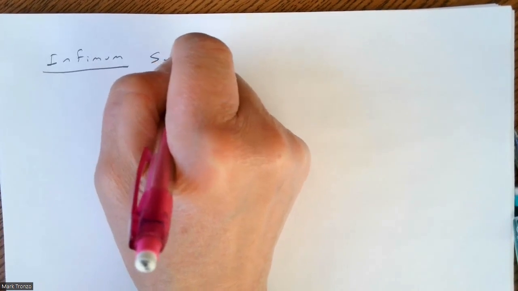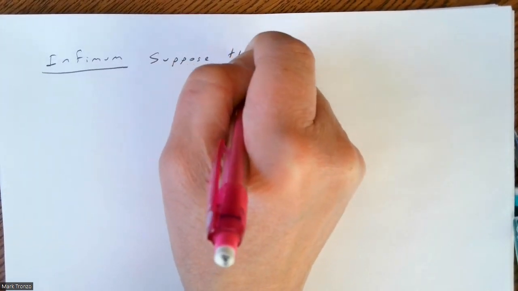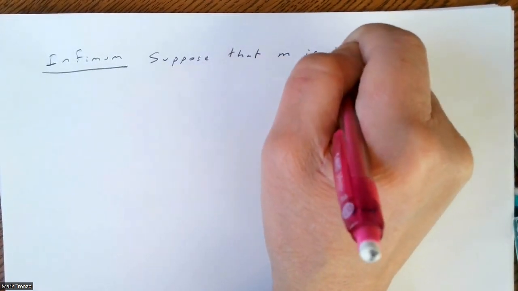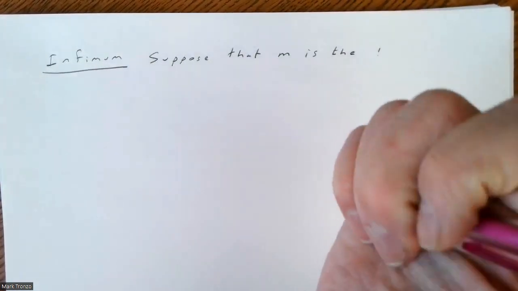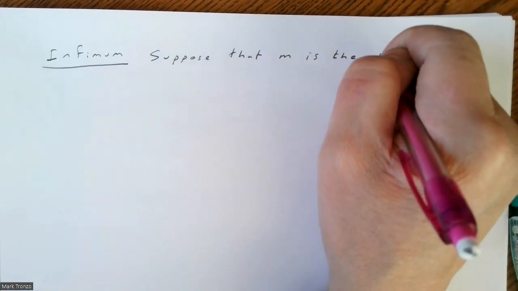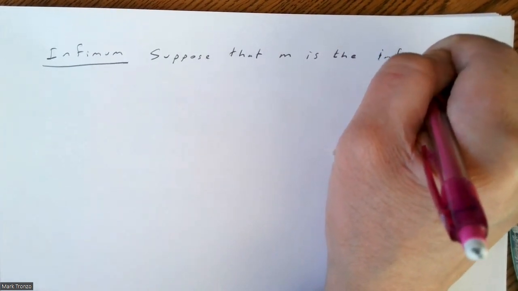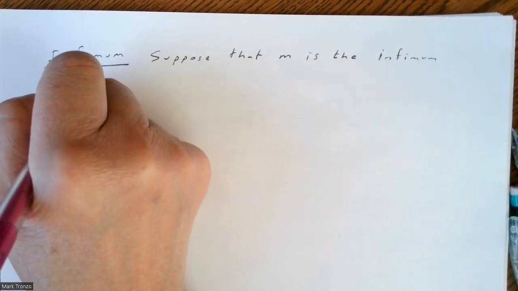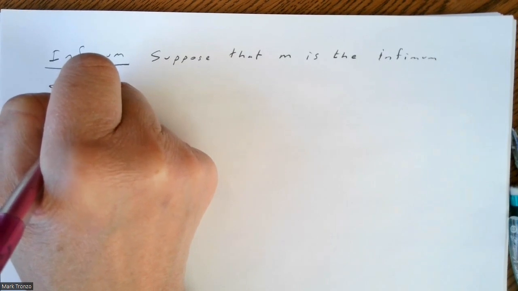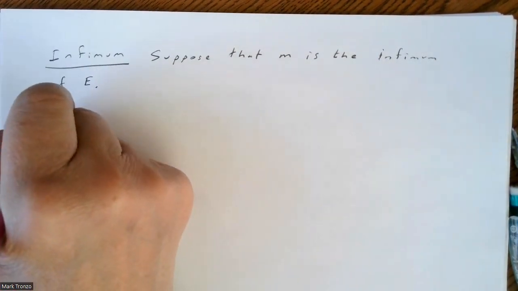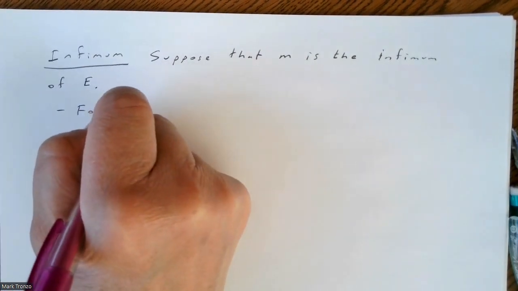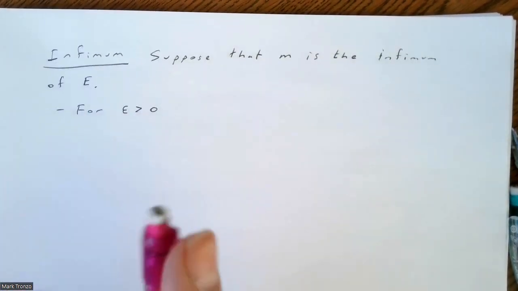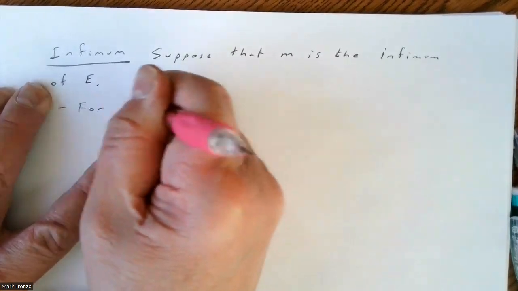Suppose that M is the infimum of the set E. Then one thing you can say, like I say, often epsilon could be a small number, and let me emphasize any, for any epsilon greater than 0.